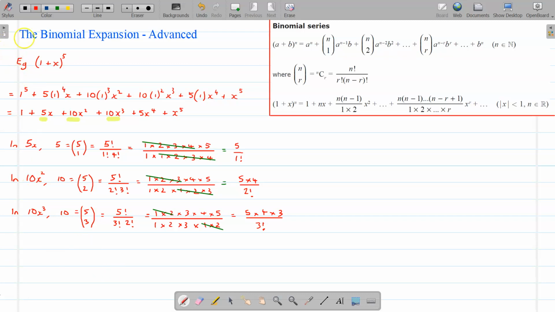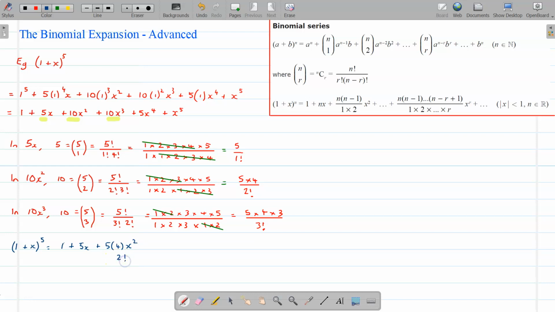So I would be writing this. I'd be writing 1 plus x to the power 5, okay, equals 1 plus nx, which is 5x, plus n minus 1, 5 minus 1, x squared over 2 factorial.